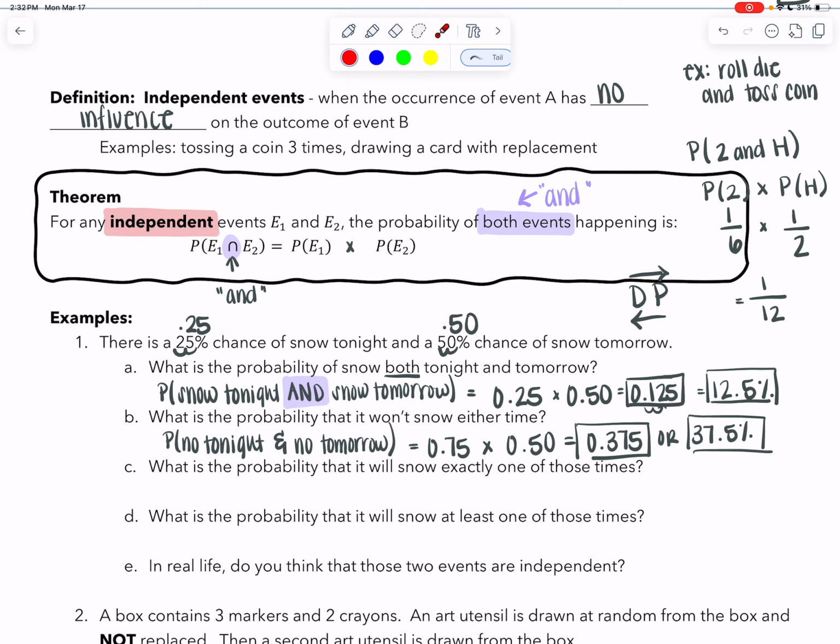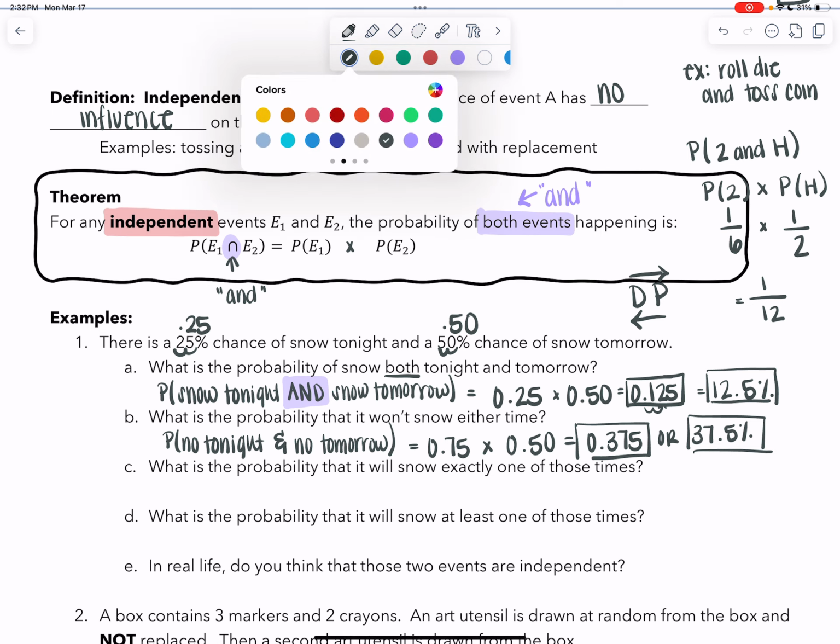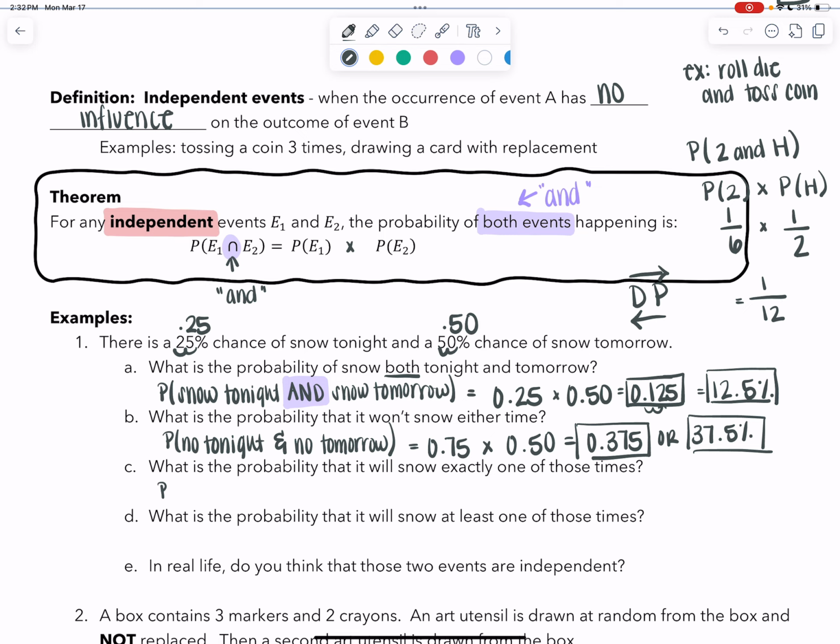What is the probability that it will snow exactly one time? So what I'm looking for is the probability of snow tonight, and then if it snows tonight, because I'm looking for exactly one, that means no snow tomorrow, or the probability of no snow tonight and yes, snow tomorrow.